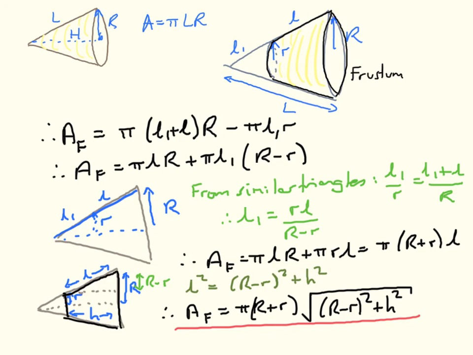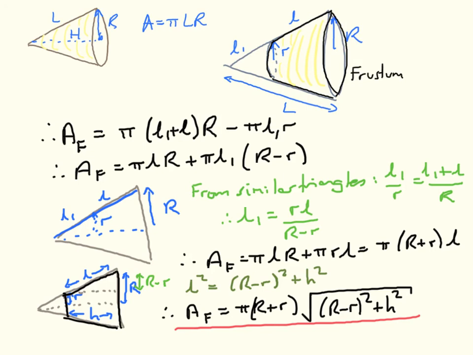So just very briefly, to obtain this formula here, we first of all calculated the area of the side of a cone. This was our result. We then said a frustum is a cone with the top sliced off parallel to the bottom. To calculate this area, we calculated the area of the larger cone, subtracted the area of the smaller cone.